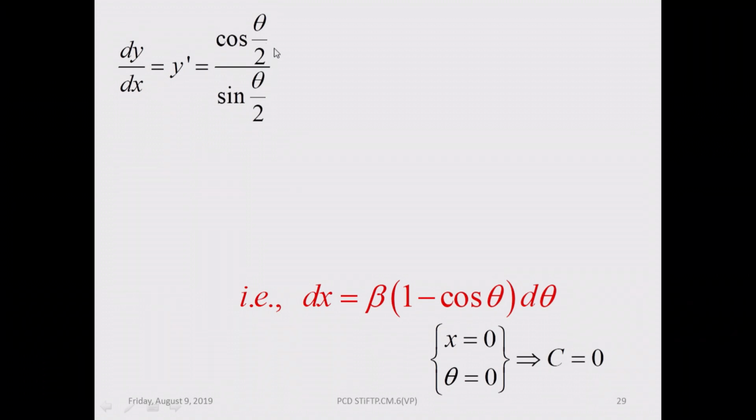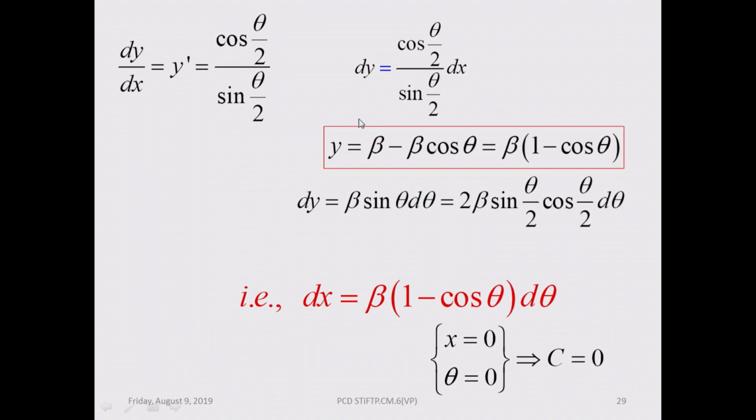This is the inverse tangent of half the angle. Okay? So what it tells you is that dy itself is this ratio multiplied by dx. Okay? And y itself is given by beta minus beta cos theta. So that tells you what is dy. A differential increment in that quantity will appear as a differential increment in theta, right?